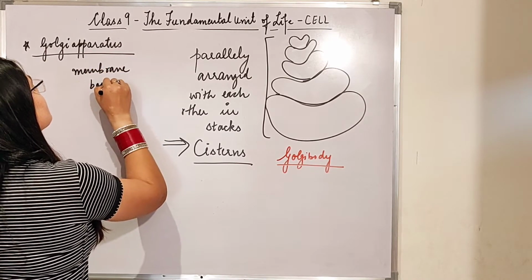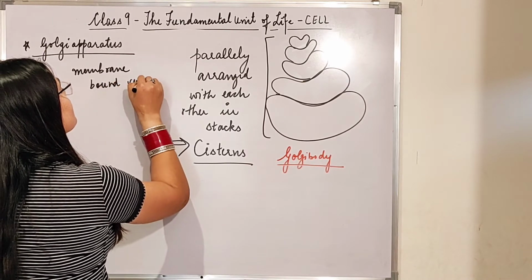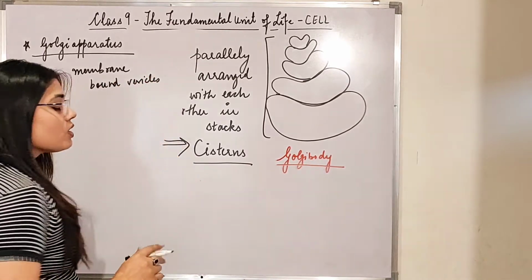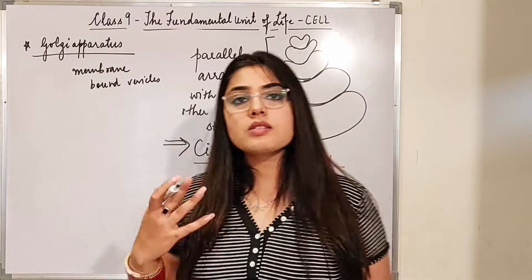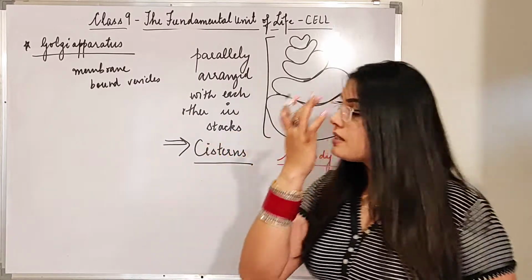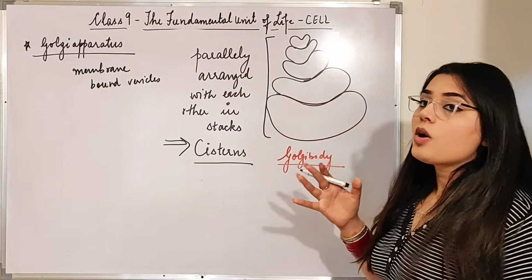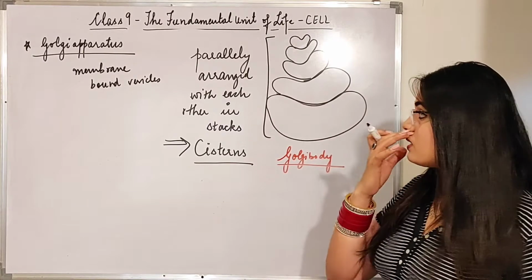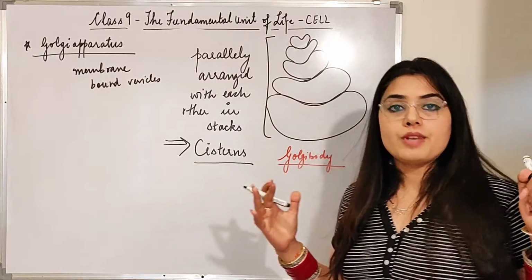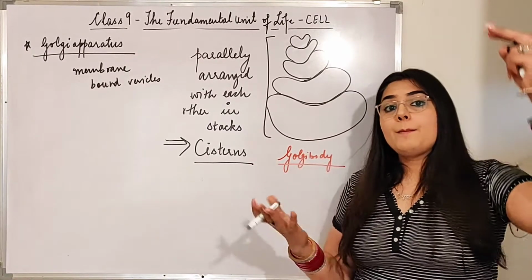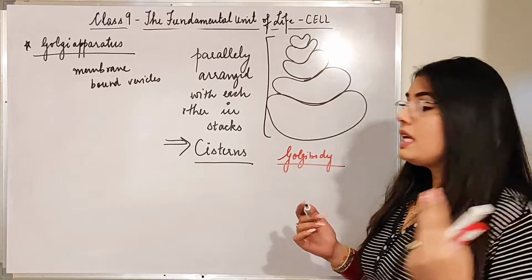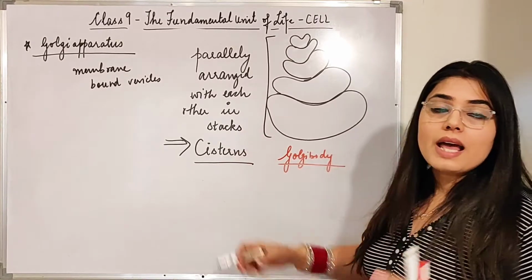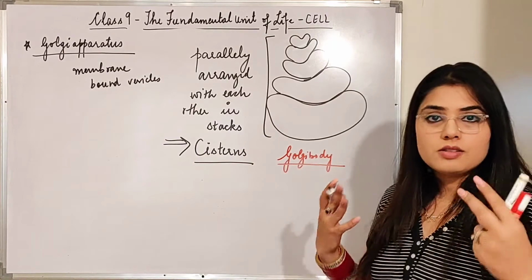So if anybody asks you, beta, what is Golgi body or Golgi apparatus, you can say that Golgi body or Golgi apparatus is a structure which has membrane bound vesicles which are parallelly arranged with each other in stacks called cisterns. Simple.